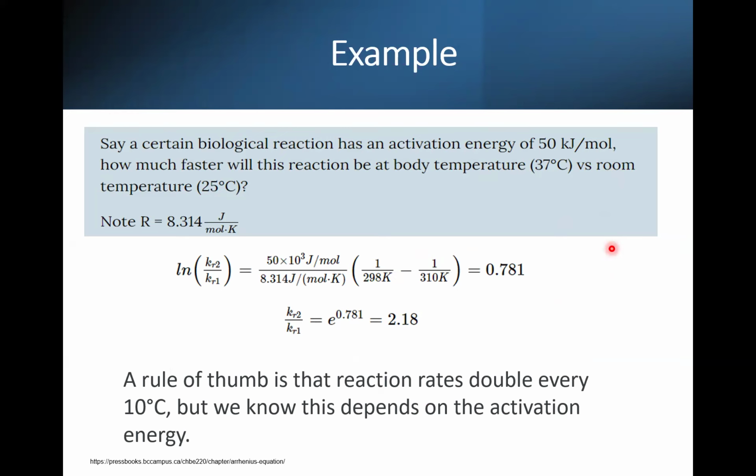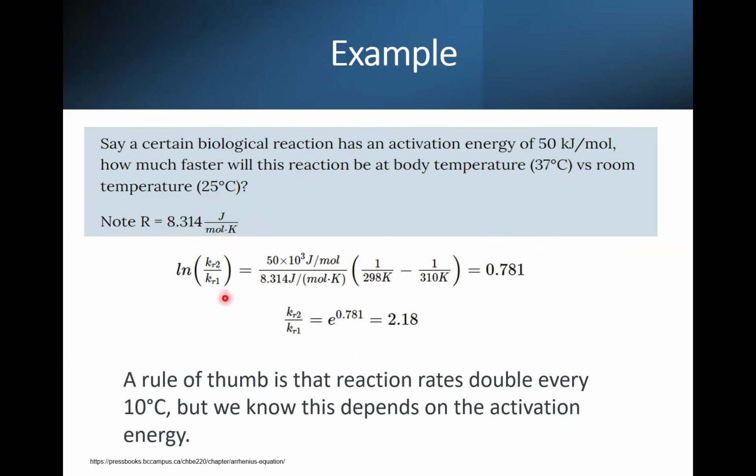So, for example, this is just a very quick example for the activation energy. If you have a certain biological reaction with an activation energy of 50 kilojoules per mole, how much faster will this reaction be at a temperature of 37 degrees C compared to 25 degrees C, given that R is 8.314 joules per mole per Kelvin?